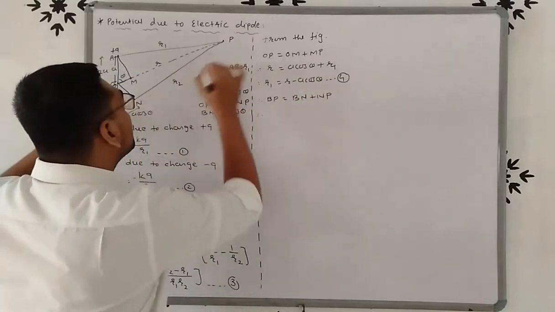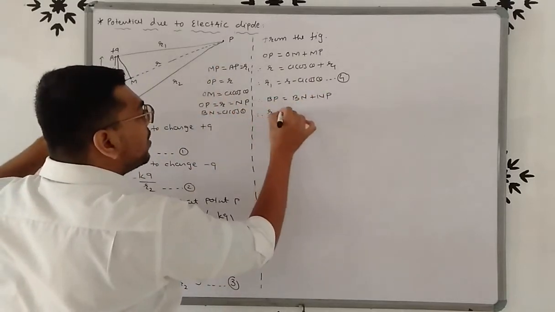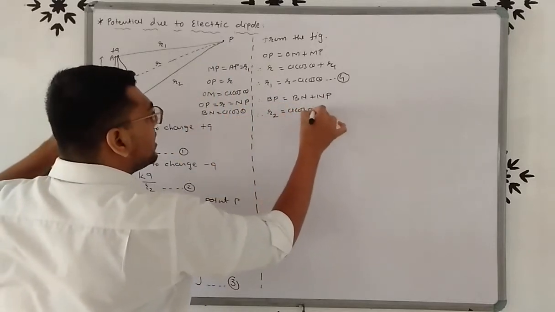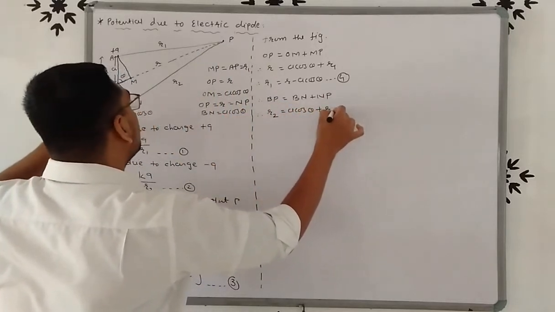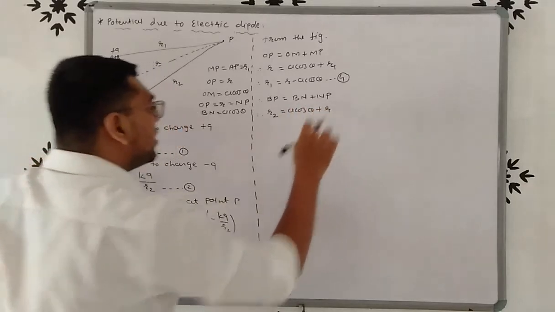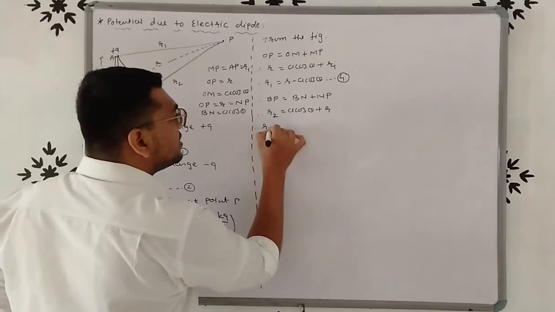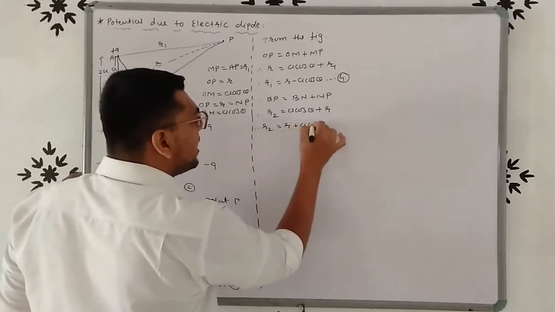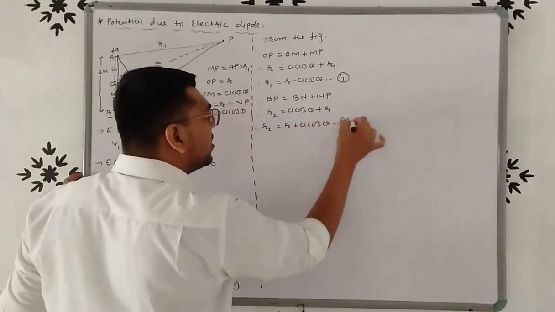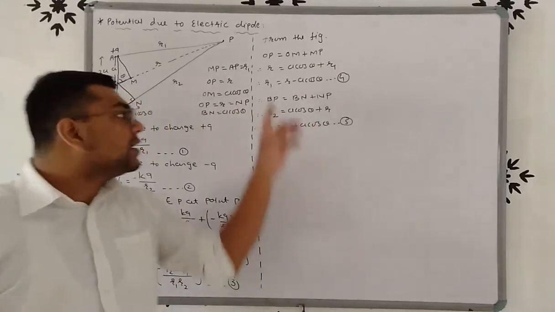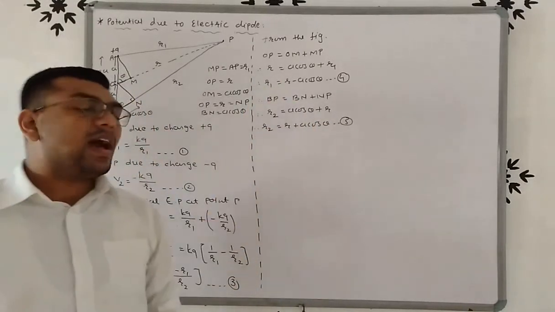So BP, that is R2, is equal to BN, the adjacent side A cos theta, plus NP, that is R, right? So R2 is equal to R plus A cos theta. So here we find the values of R1 and R2 in terms of R.